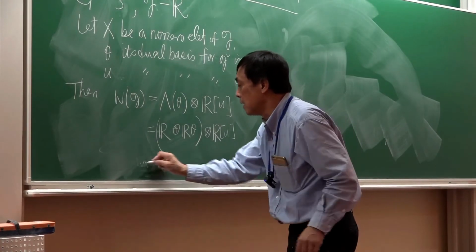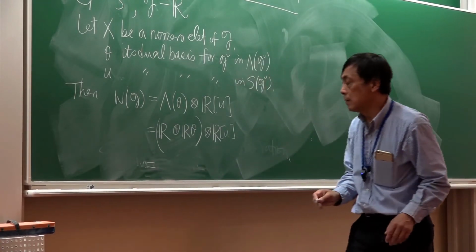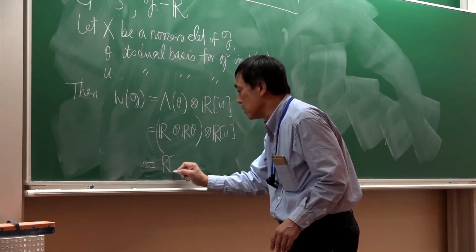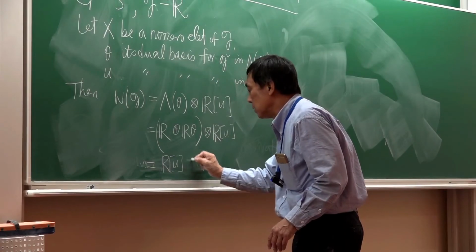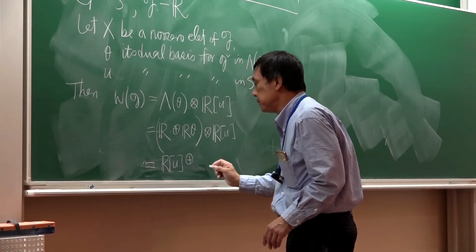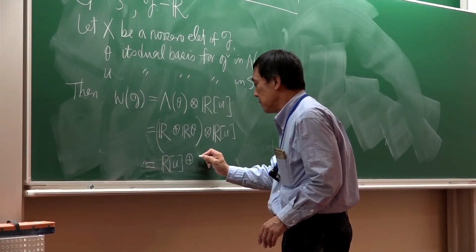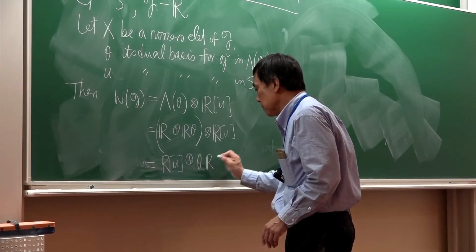Okay. And so this is R[U] direct sum theta R[U].